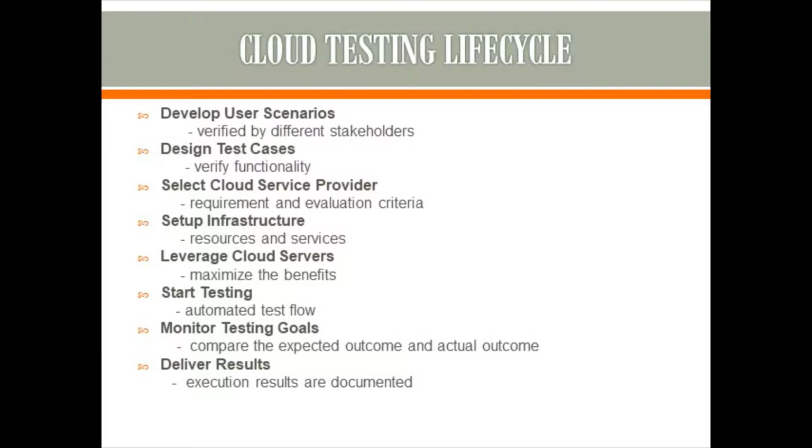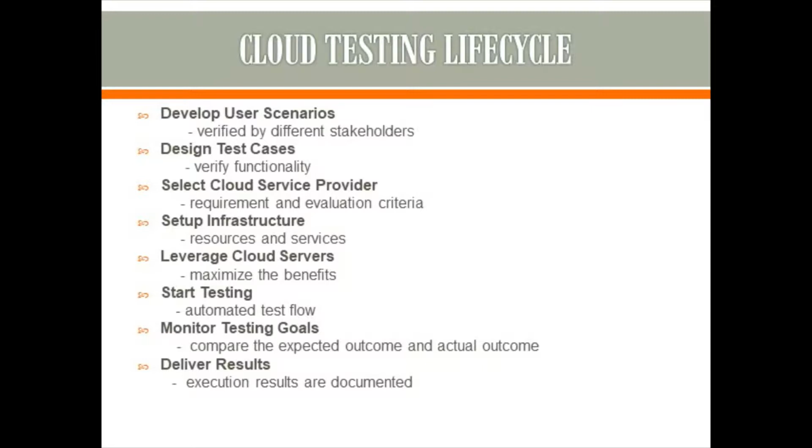The next phase is start testing. This is where the testing admin or the testing team will actually start testing, and it uses the tests that were built in an earlier phase, and it uses the automated tools to actually go through the testing.